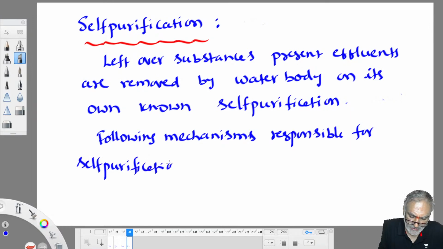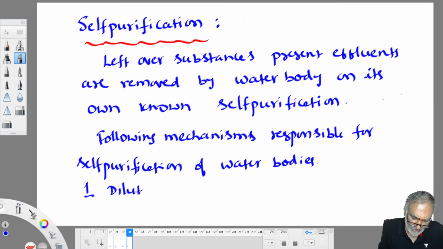One is dilution. Second one is dispersion. Third, sedimentation.